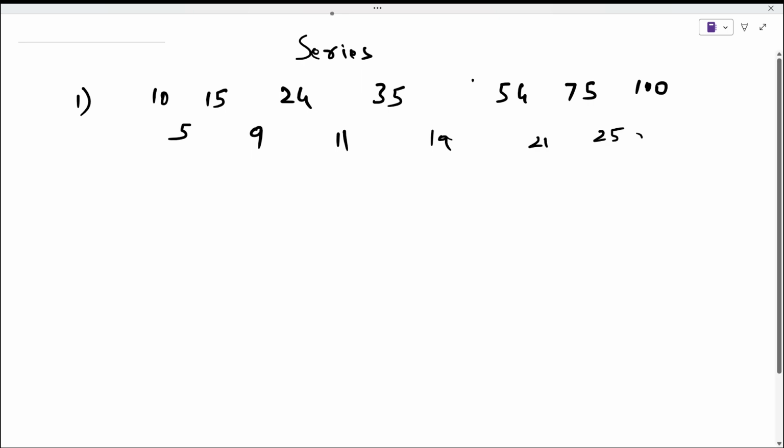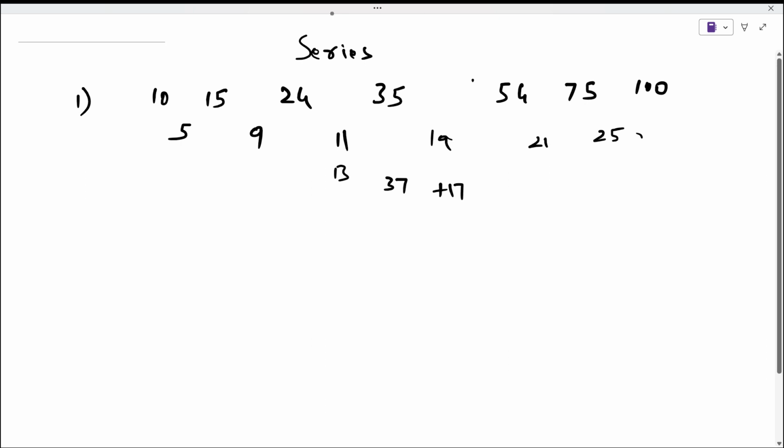These are the differences. If you can see 5, 9, and then there is 11 and 19. Then there is 21 and there is 25. It looks like something is increasing by 4. 5, 9, if this was 13, then this number would have been 37. And then 37 plus 17 would have been 54, right?